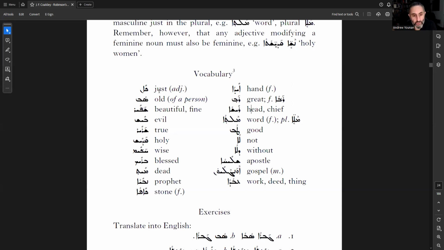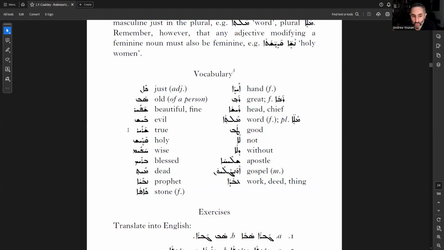Kin is just, as in righteous. The emphatic state of that would be kana. So Yosip kana, Joseph the just. Sau is old, or sawa, elderly. Shapir, Shapira, beautiful or fine. Bish is evil, Bish or Bisha.